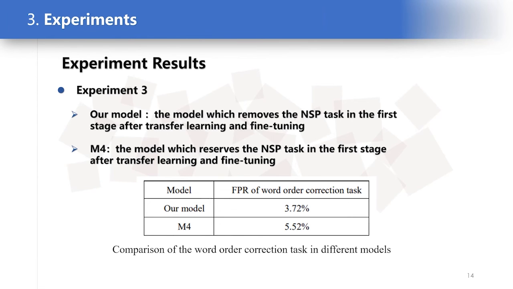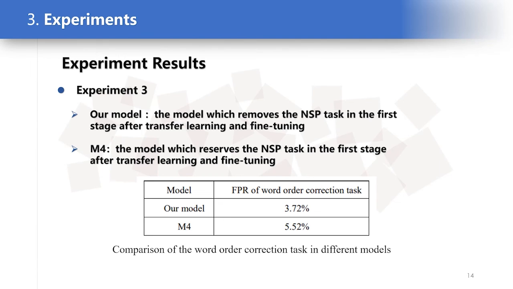Finally, in order to verify that our method makes significant progress in the word order correction task of the target dataset, we conduct an experimental comparison of the following two models: the model which removes the NSP task in the first stage after transfer learning and fine-tuning, and the model which retains the NSP task in the first stage after transfer learning and fine-tuning.